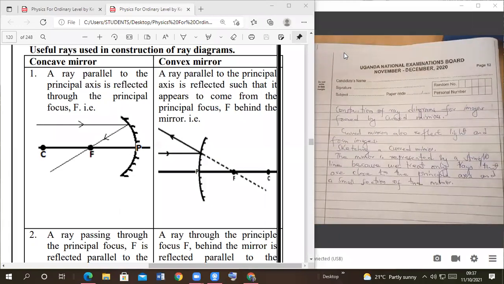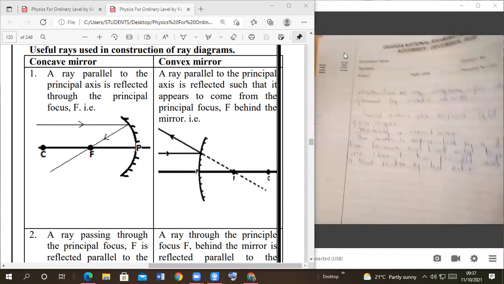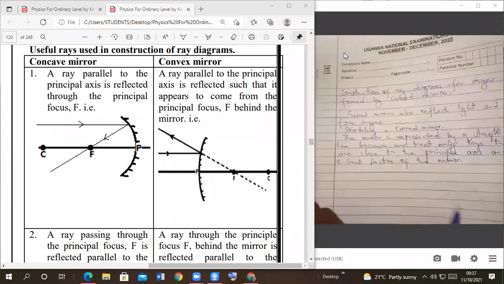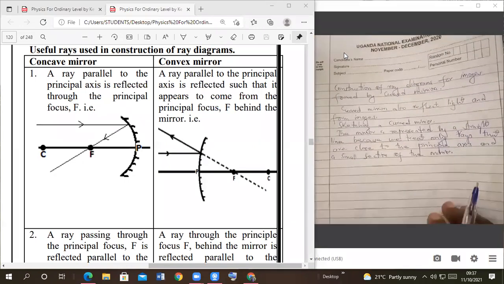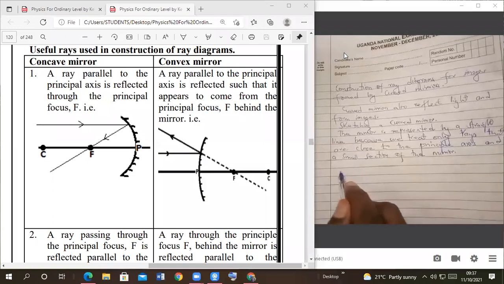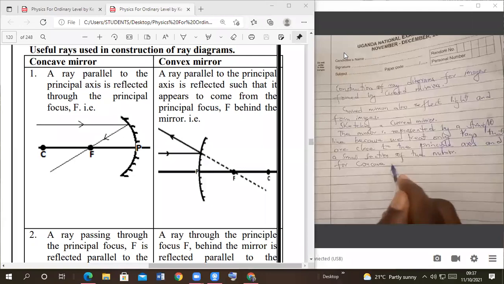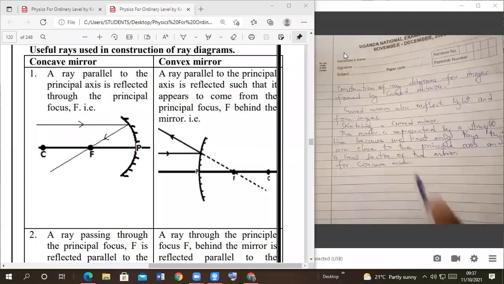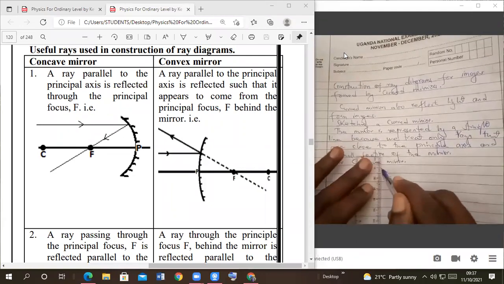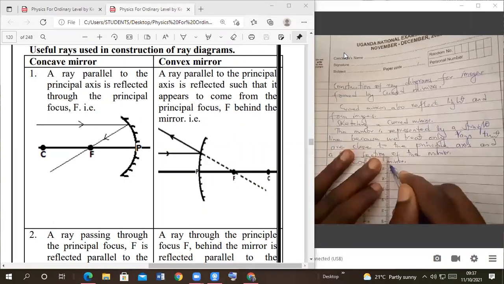So what are we trying to say here? Members, we have seen how concave and convex mirrors look. But when we are drawing the ray diagram, we don't draw the whole curve. We just take a small section of it. For a concave mirror, I just draw a line. This line is going to represent the pole of the mirror. Are you seeing that, members?